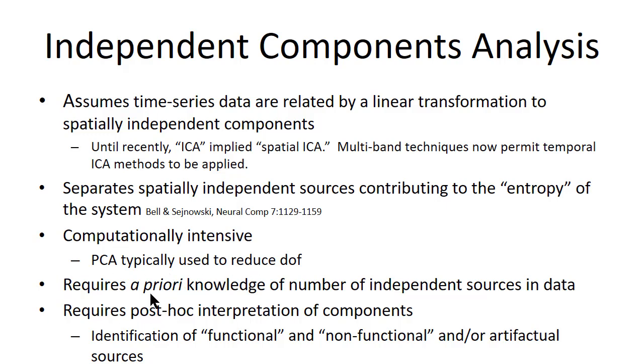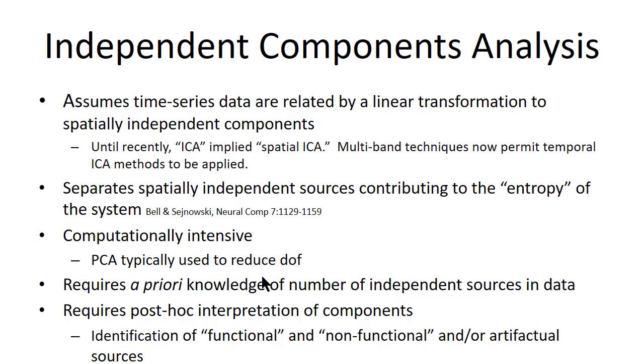Now, some caveats to independent components analysis that are important to recognize as people using this technique is that you are required to define a priori the number of independent sources in your data. A lot of techniques have been developed recently that use data-driven methods to try and estimate the number of sources in your data, but it's important to understand that your results will critically depend on this parameter that you put into the algorithms to separate the sources.